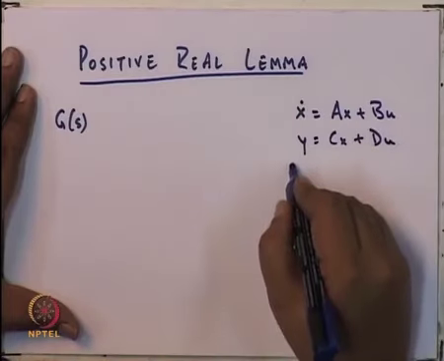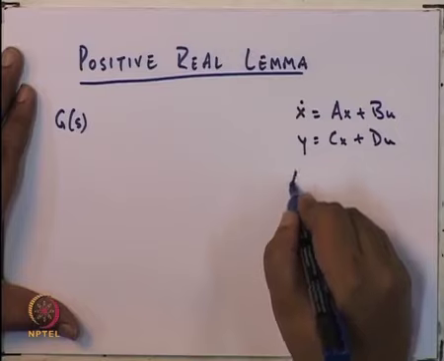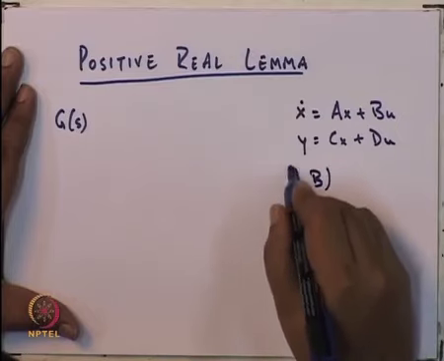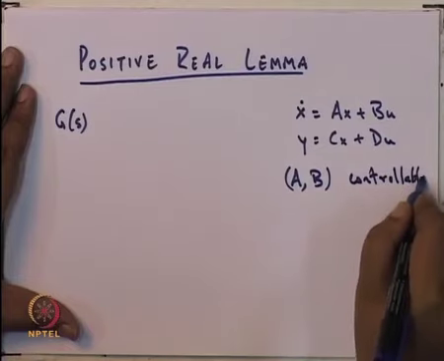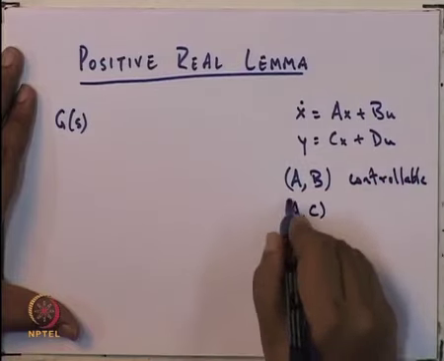Of course, because this is a minimal state representation, that means (A,B) is controllable and (A,C) is observable.